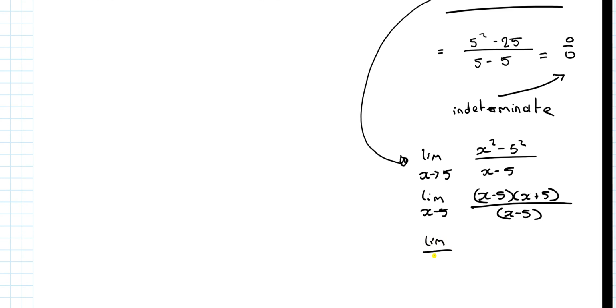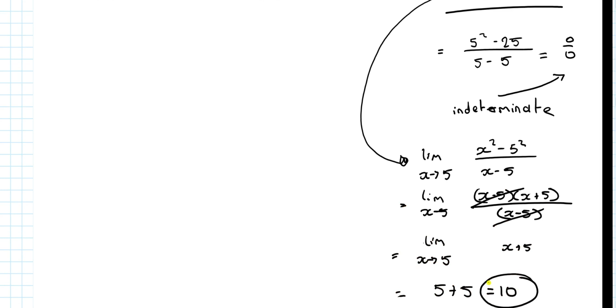And then limit, as x goes to 5, is x plus 5, because the x minus 5 and x minus 5 cancel. So now I can set my limit of 5. So I'm getting 5 plus 5 is equal to 10, and that's the limit right there.